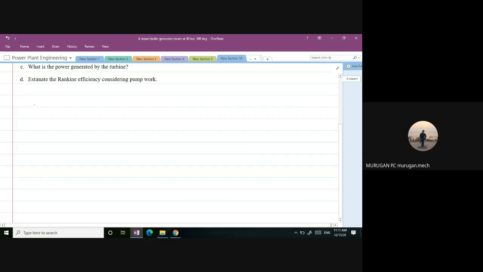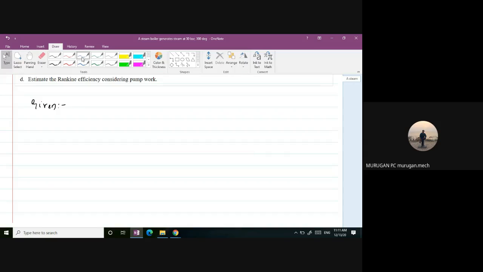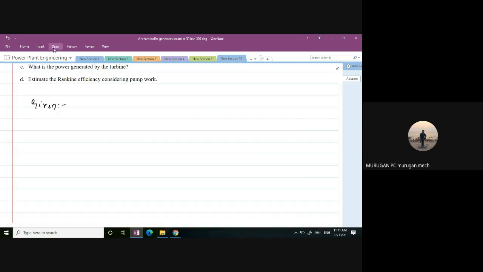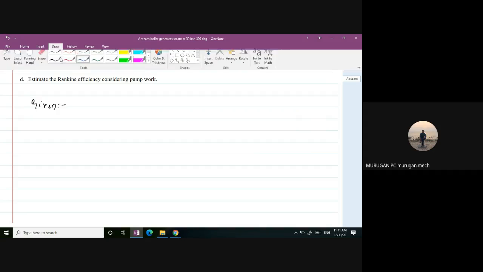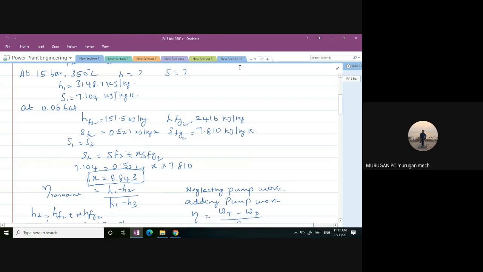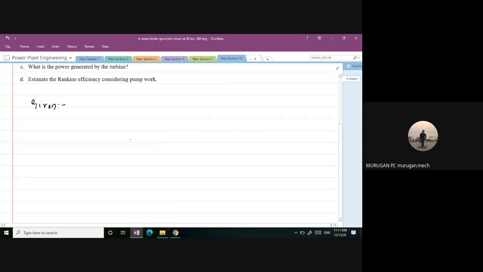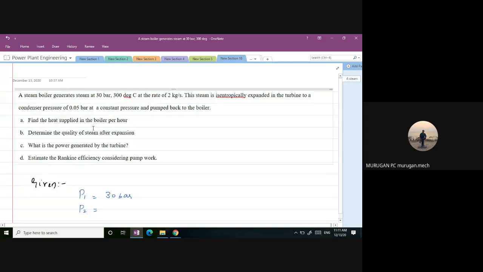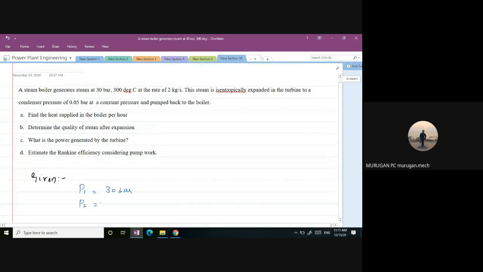What is the given data? P1 is 30 bar and P2 is 0.05 bar.